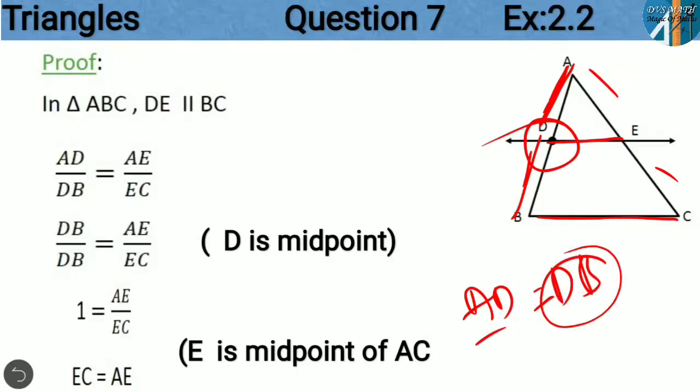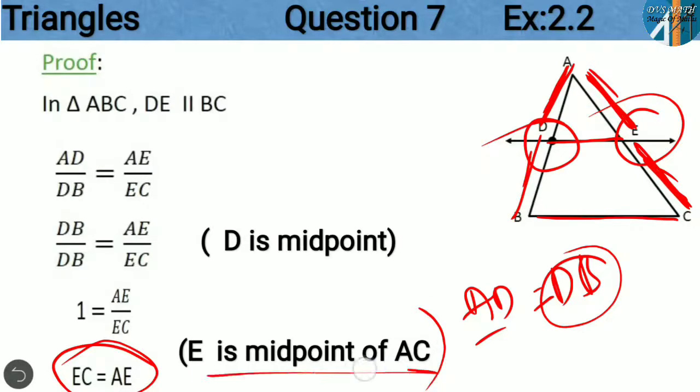DB by DB is 1, so AE by EC equals 1, and finally we get AE equals EC. That means these two are equal. Then definitely E should be the midpoint of AC. So finally you can write, therefore E is the midpoint of AC.